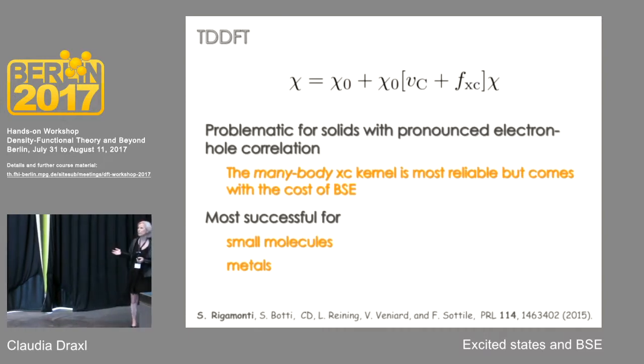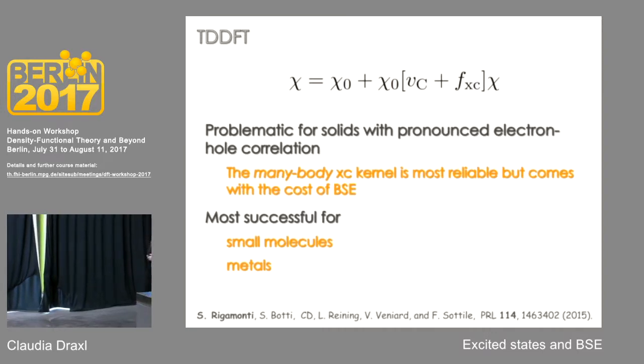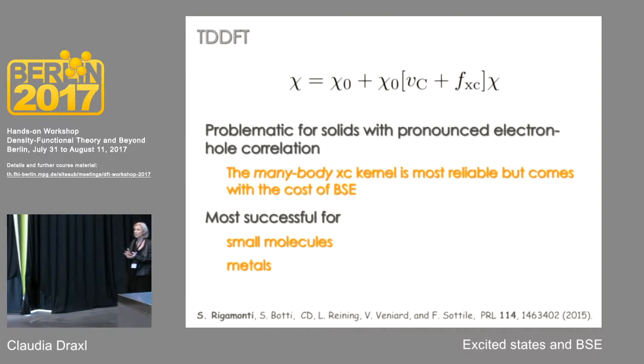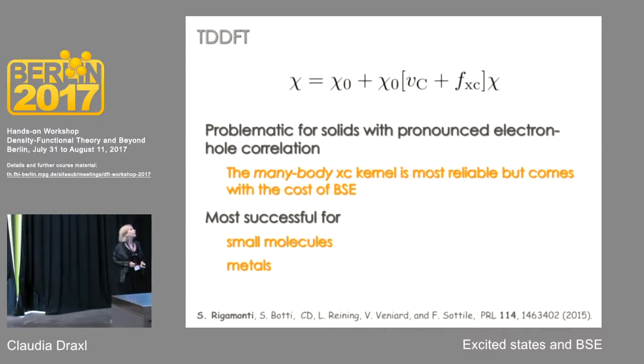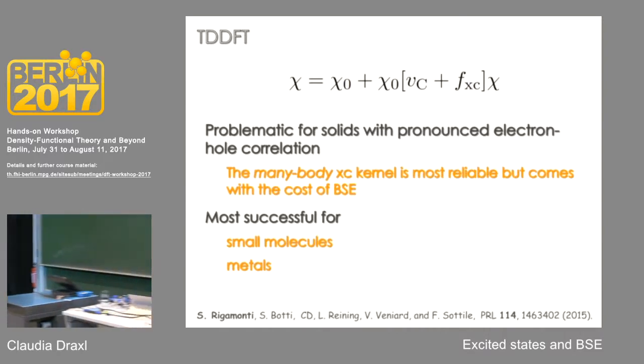You cannot get the spectrum and the electron-hole binding energy and the dielectric constant at the same time. So you have to choose a kernel which gives you one or the other, but you will never get a good spectrum for these materials. However, as said before, TD-DFT is most successful for small molecules, and you can also safely use it for metals.